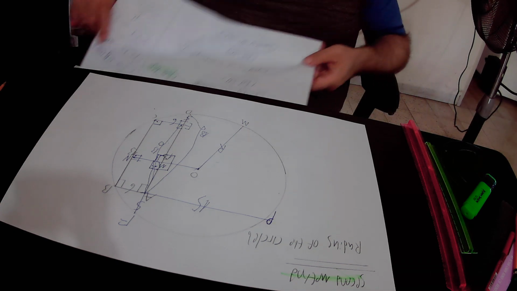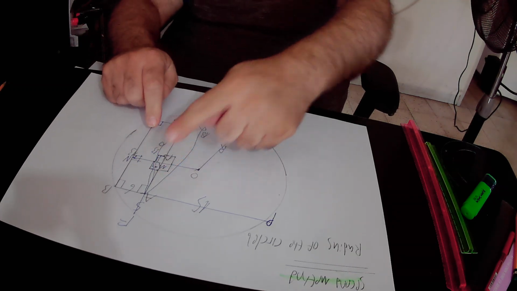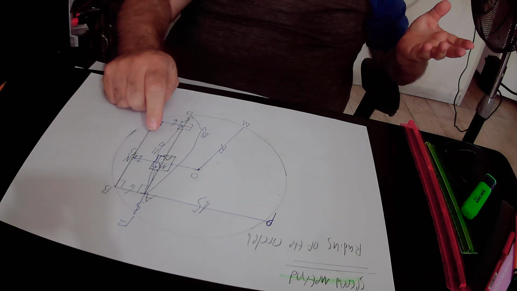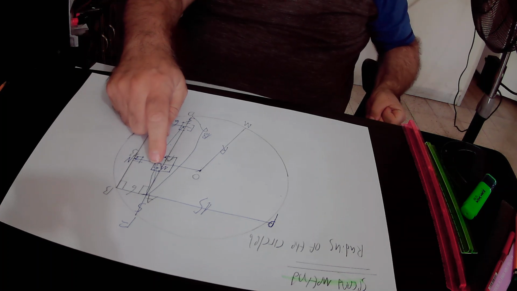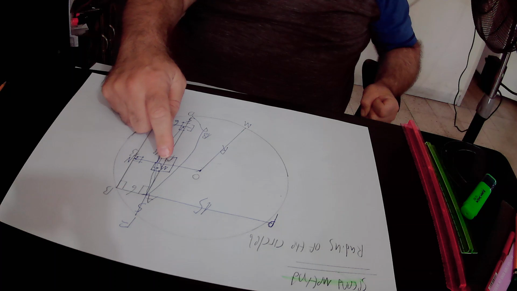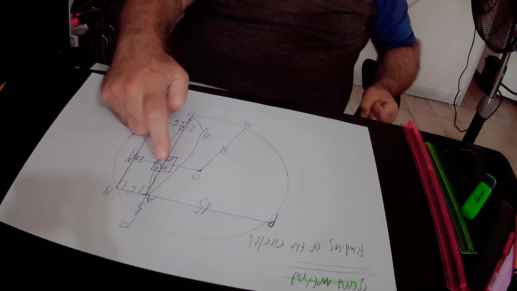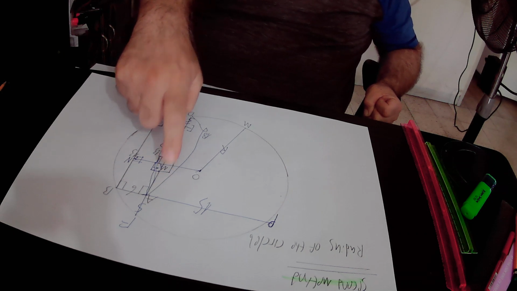So if we focus on the upper side of the straight line ON at point M, the sum of the angles must be equal to 180 degrees according to the rule that I already mentioned. So this angle equals 90 degrees. So the missing angle must also equal 90 degrees in order to complete the sum of the angles on the upper side of ON at point M to 180 degrees. So this angle equals 90 degrees.